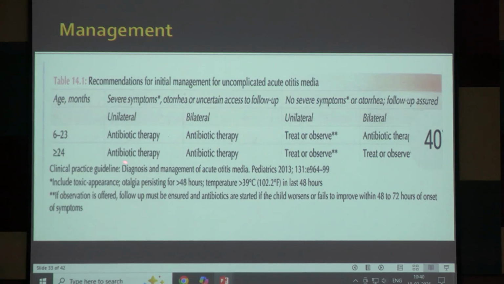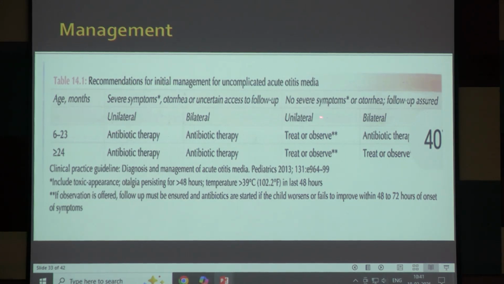If there are severe symptoms like toxic appearance, otalgia for more than 2 days, or temperature of more than 39 degrees centigrade, then in these cases, whether the otitis media is unilateral or bilateral, irrespective of age group, antibiotic is to be given.